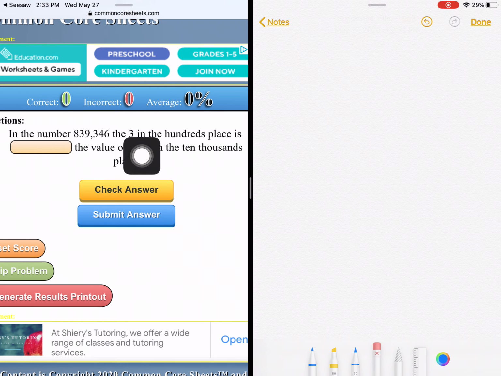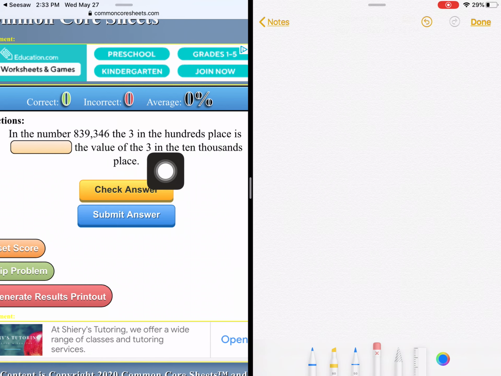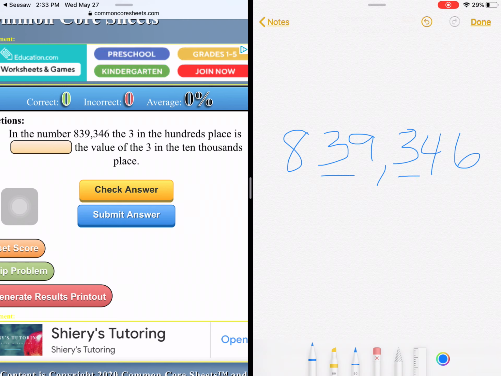839,346, the 3 in the hundreds place is blank the value of the 3 in the 10,000s place. So remember, this is trying to identify how much bigger the 3s are from this place to this place. Remember, every time we move a place value, we're timesing by 10, and then timesing by 10.